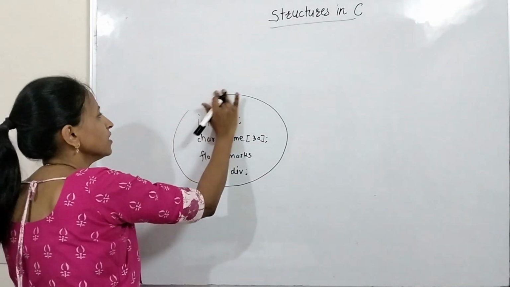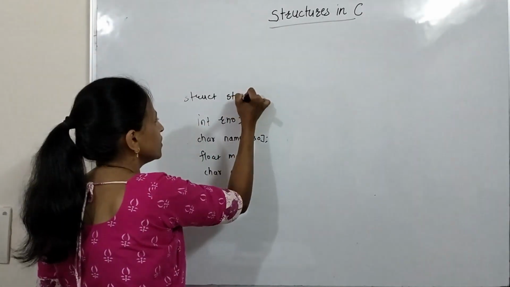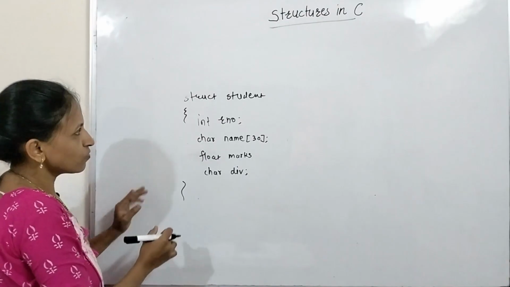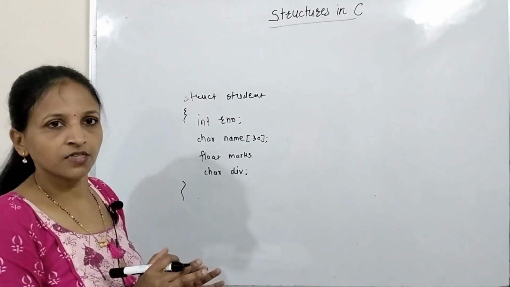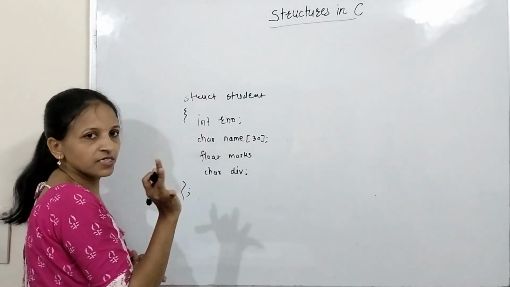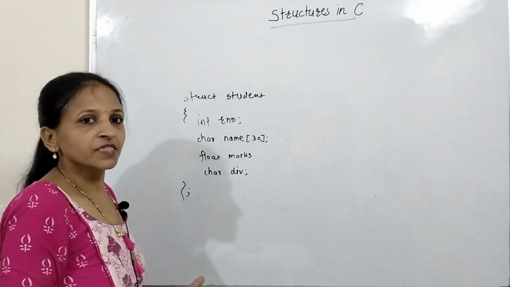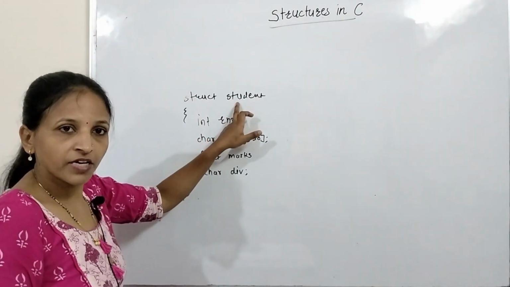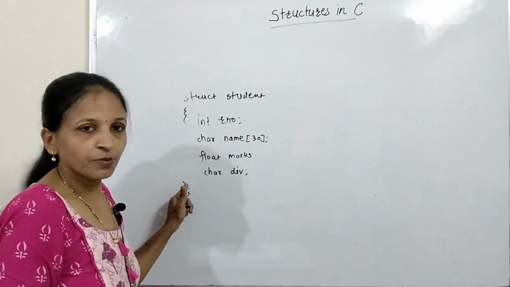How will we write it? struct, and we can give any name, like struct student, and now this struct student will have all this information in it. Means we are creating one single unit to represent this data. This is nothing but a structure. This struct student will represent all this information together.